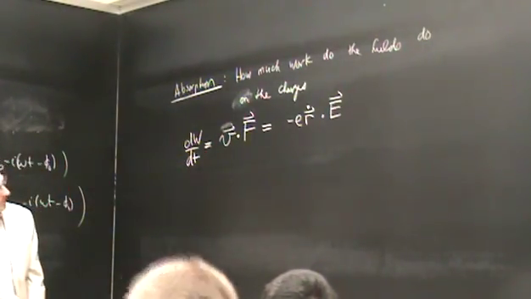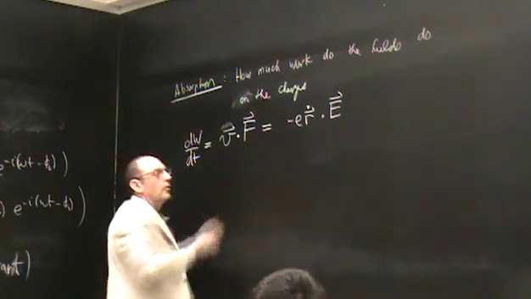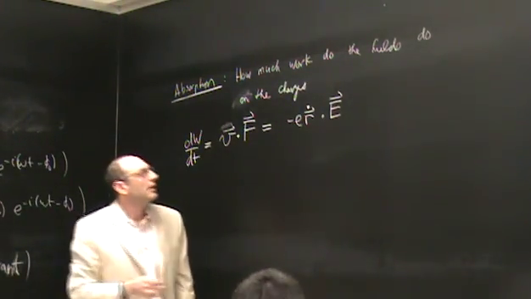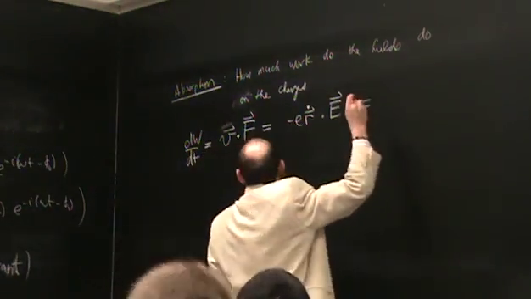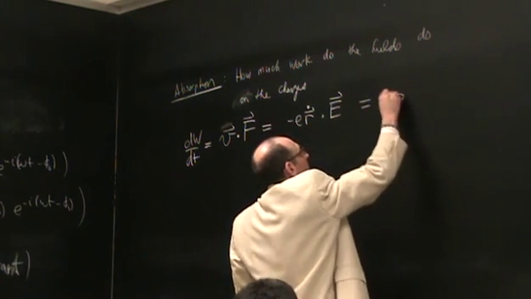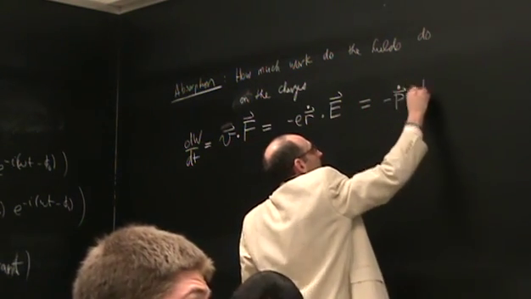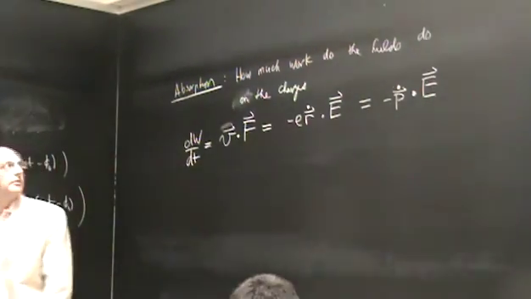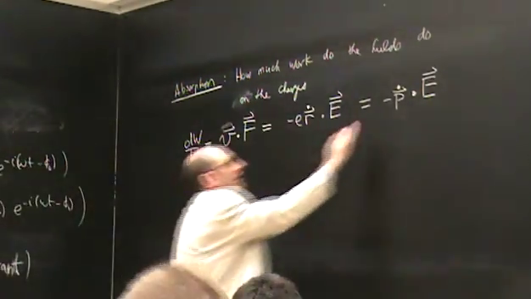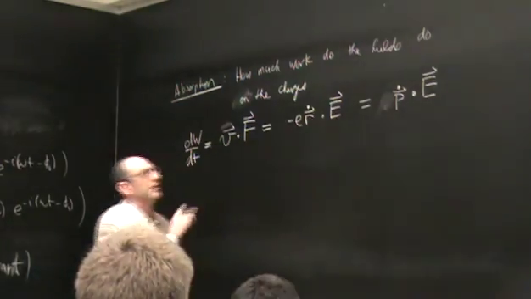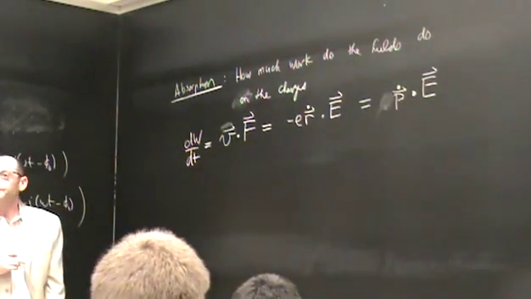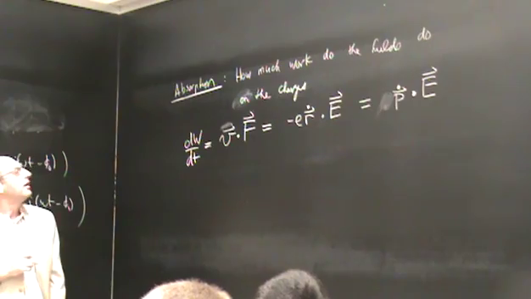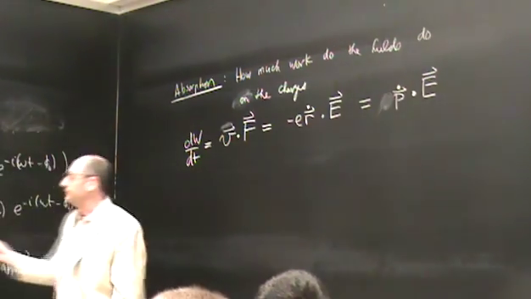Electron charge is minus e times the local electric field. So this is equal to P dot dotted into the electric field, times e. Right? So now we can plug this in.